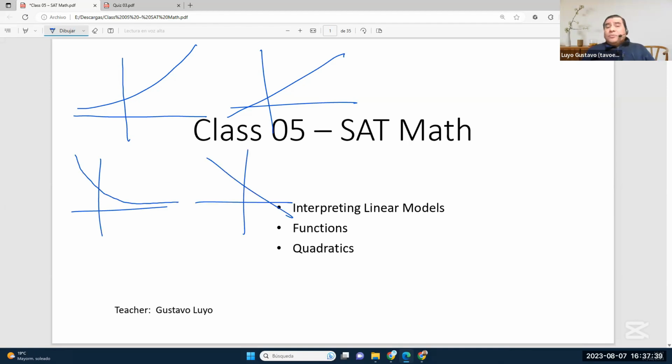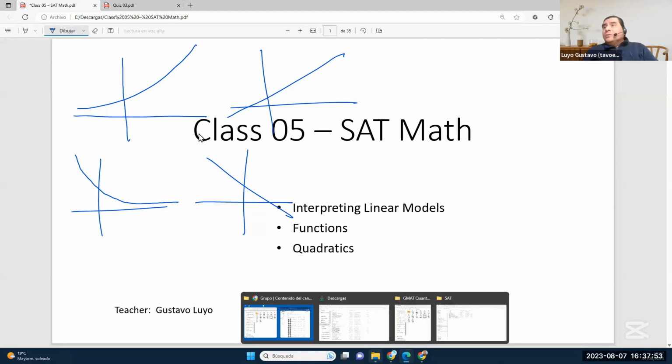Okay, so what can you appreciate? When we talk about linear models, we want to interpret the relationship between two variables as a linear function, that is, as a straight line. A straight line, as we know, has an equation that can be written in a general form: y equals m times x plus b, where m is the slope and b is the y-intercept, right?